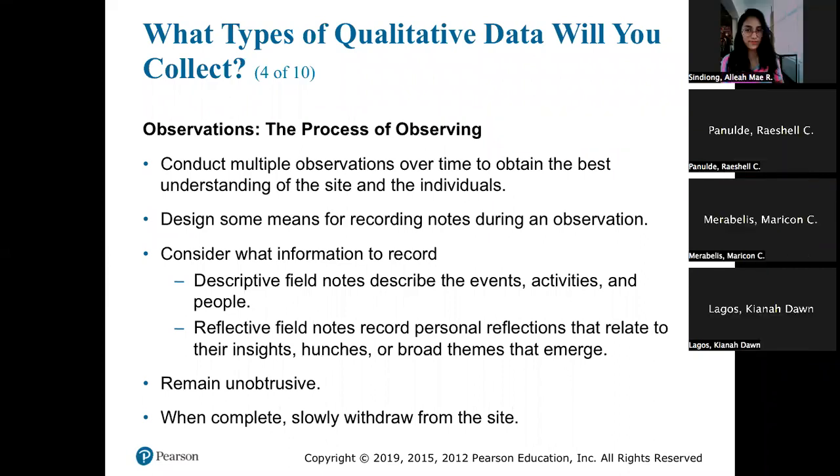Third, consider what information to record. Descriptive field notes describe the events, activities, and people. Reflective field notes record personal reflections that relate to insights, hunches, or broad themes that emerge. Fourth, remain unobtrusive, and lastly, when complete, slowly withdraw from the site.